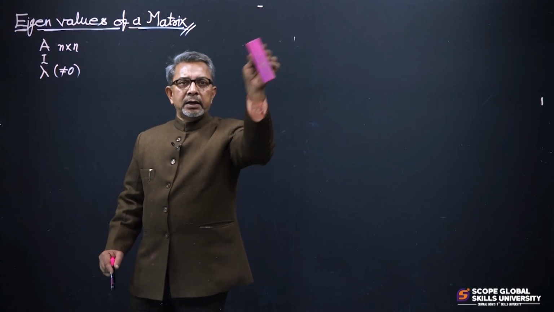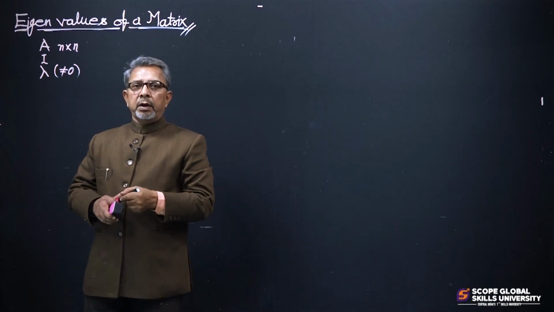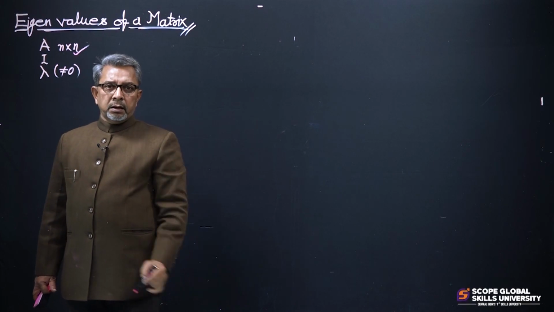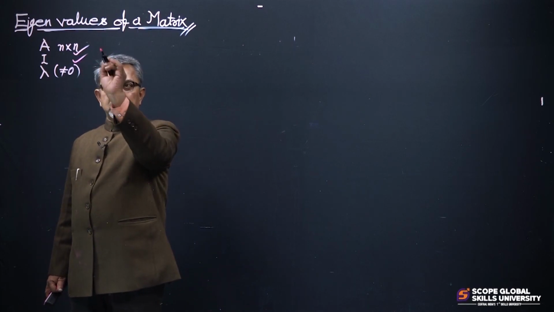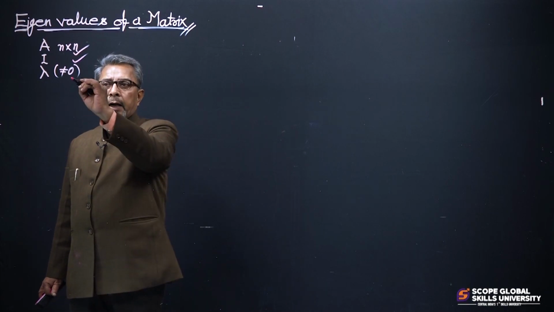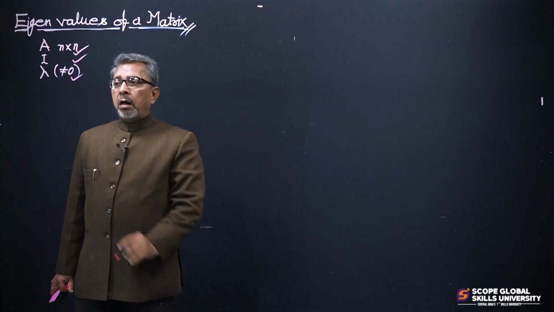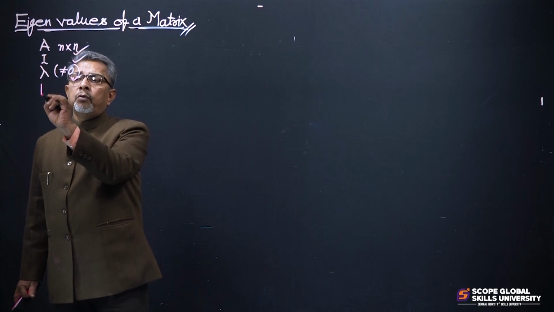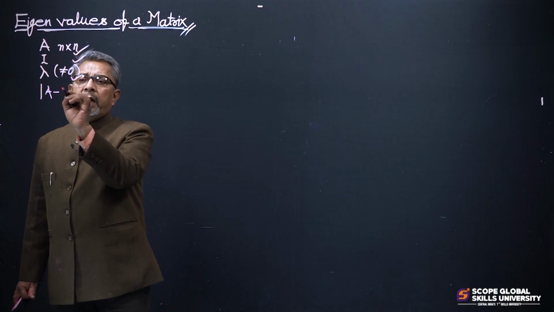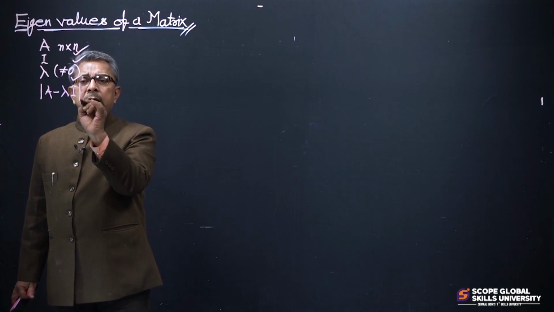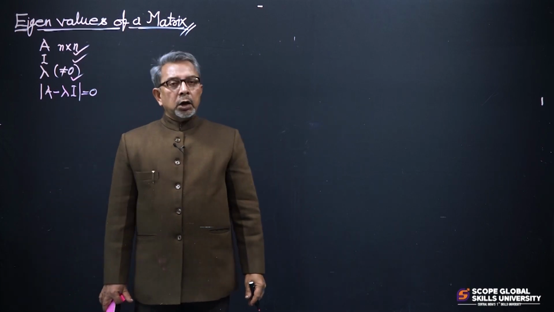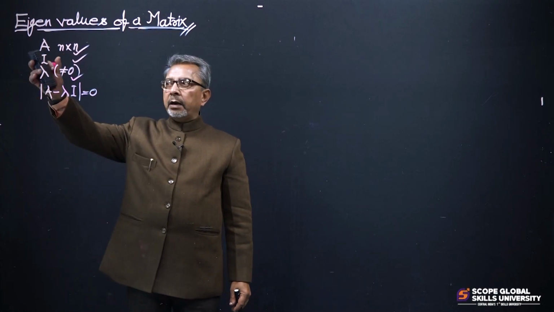So finally, in this way, with the help of a given square matrix A, the identity matrix I of the same order n, and a non-zero scalar, we are able to find an equation in the form of determinant of A minus lambda I equal to 0. This is the characteristic equation of the given matrix A.